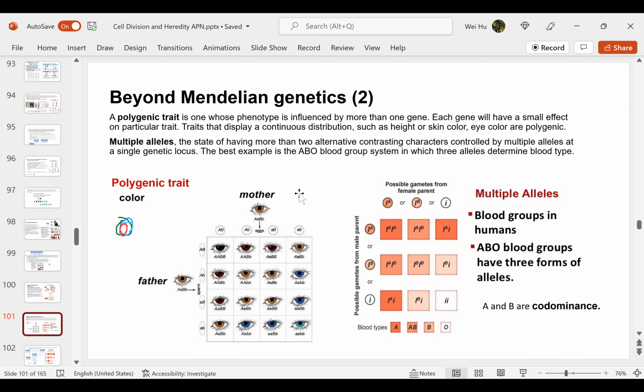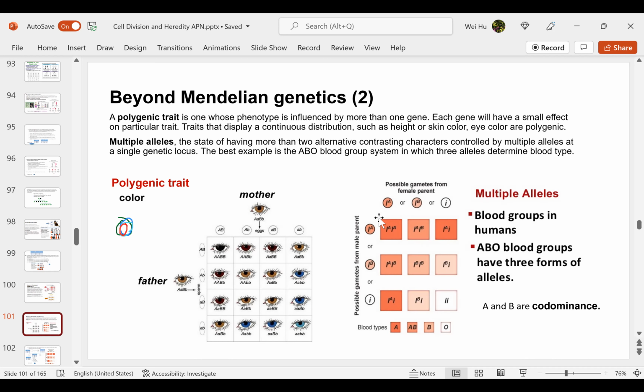Say you have 4 siblings in your family. No one is exactly the same height, and no one has exactly the same skin color. If you look at the eyes, no one has the same eye color, okay? That's because each of these genes contributes part of the color. So this is called a polygenic trait, okay?